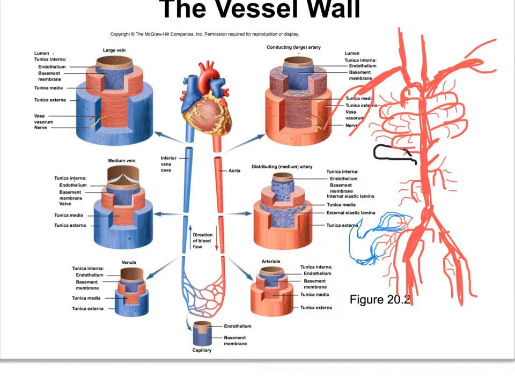Venules are going to come together to make medium veins, which are what is going to return blood from various organs. And medium veins are the veins where you have lots of valves in the endothelium to make sure that the blood goes the right direction.